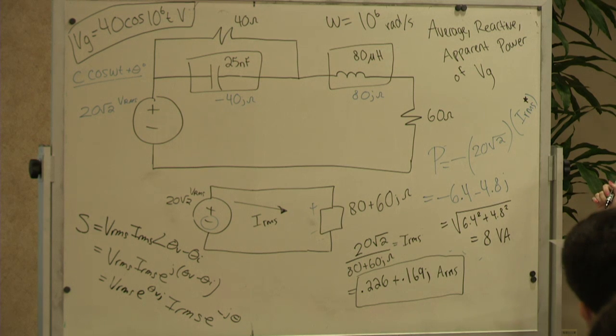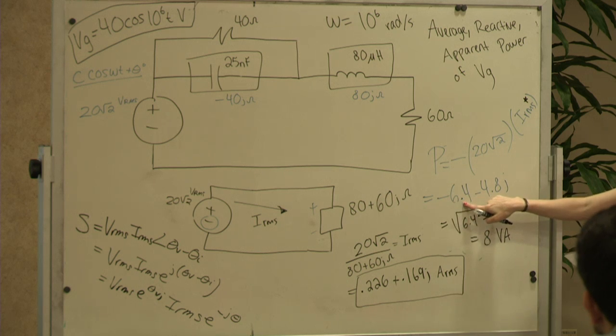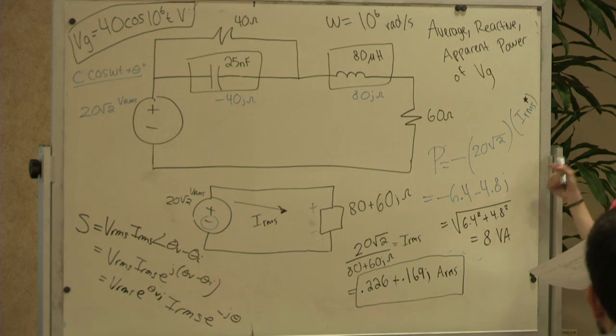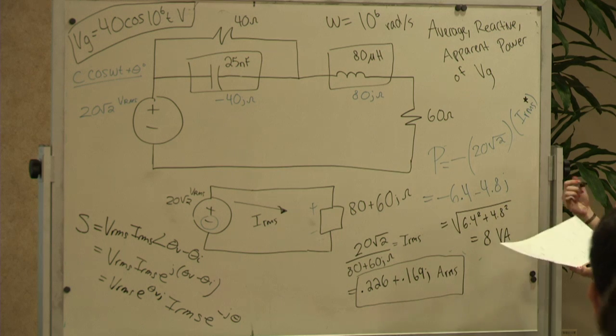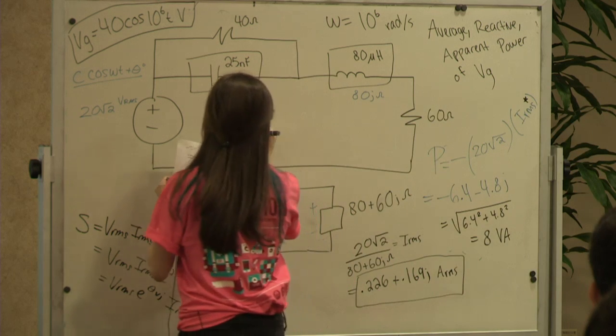What is our reactive power? This one, right? The coefficient of the complex number. And it's 4.8 delivering, right? So I have no room. Right in here.